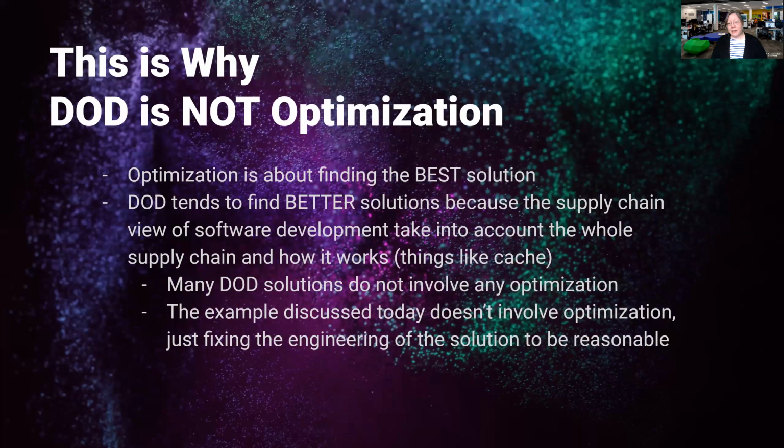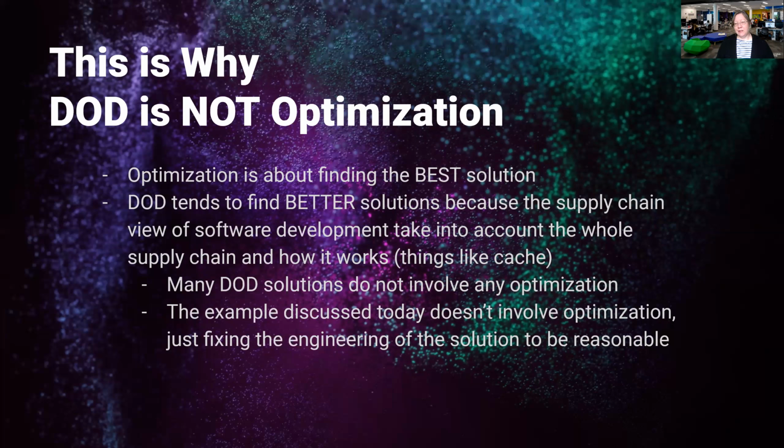And that's also why data-oriented design is not optimization. Optimization is about finding the best solution, usually the quickest solution, potentially the solution that takes up the least amount of space. Data-oriented design tends to find better solutions because it actually considers the whole supply chain, which a lot of software development seems not to.